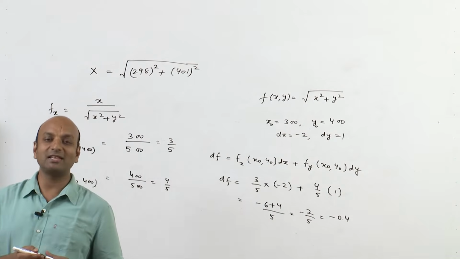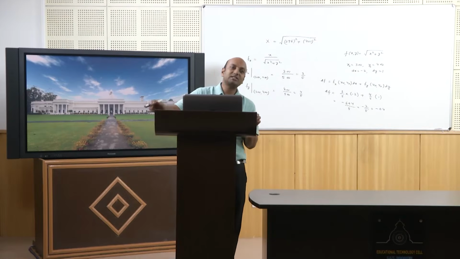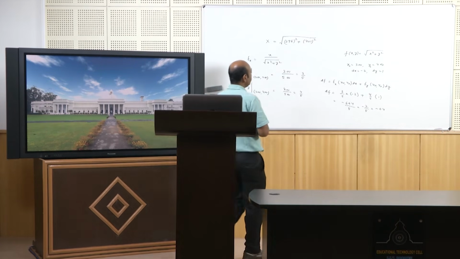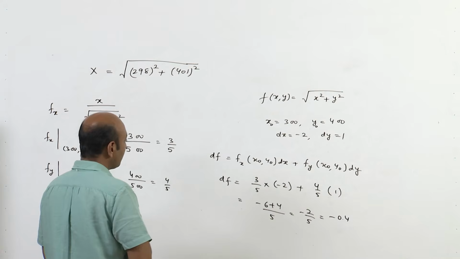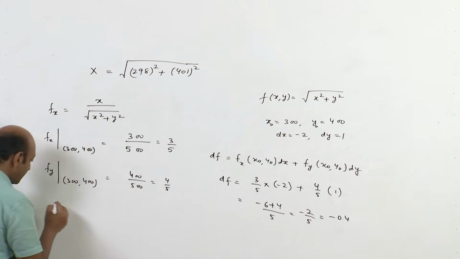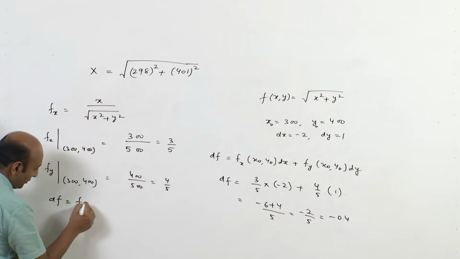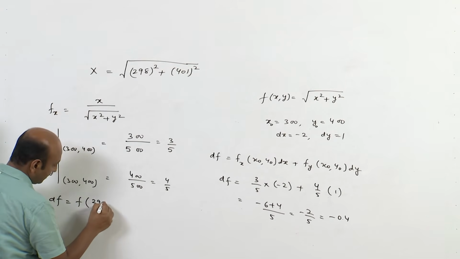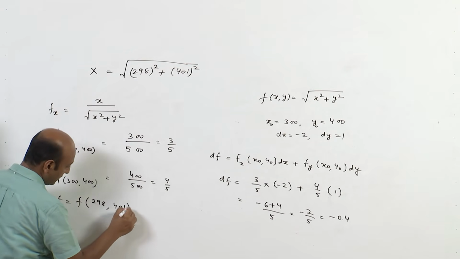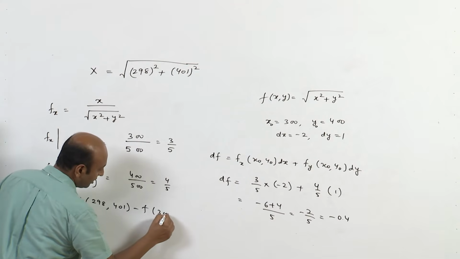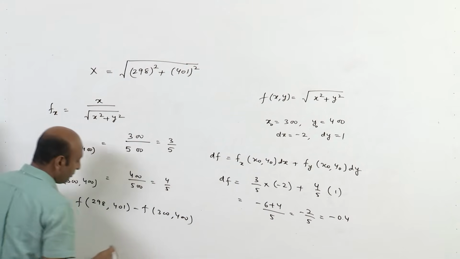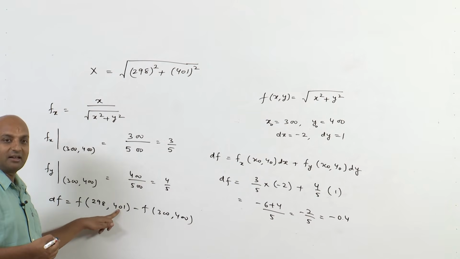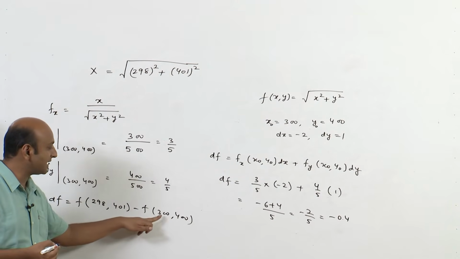But the approximate change in the value of the function is minus 0.4. So, what will be the functional value? df will be f at (298, 401) minus f at (300, 400), because it is f at x naught plus delta x, y naught plus delta y, minus f at x naught, y naught.